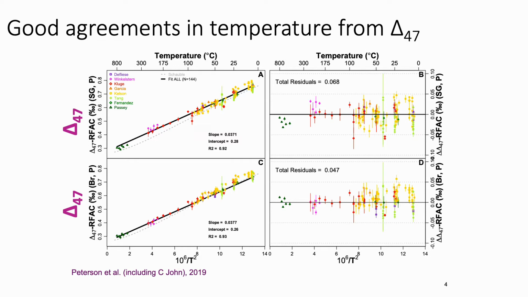And you can see that Δ47 varies with temperature. It's only temperature dependent, which is the interest of this proxy. At low temperature, Δ47 is heavy. At high temperature, Δ47 becomes lighter. So we have less and less difference between stochastic and what we measure in our carbonates, which makes sense.